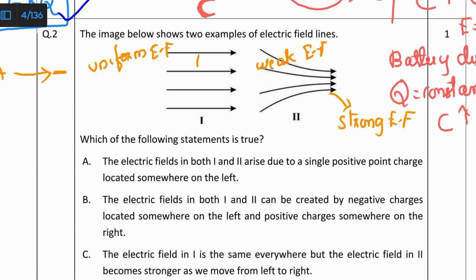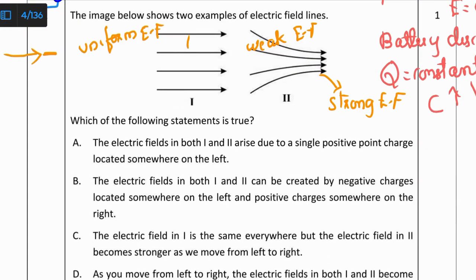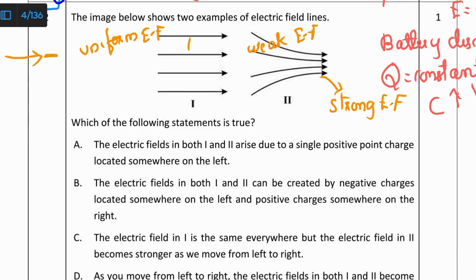These are the three key points to remember. How to represent a uniform electric field? Parallel lines with equal spacing. Weak electric field? Widely spaced lines. Strong electric field? Closely packed lines. Now we go ahead with the first option: the electric field in both 1 and 2 arises due to a single positive charge located somewhere on the left.